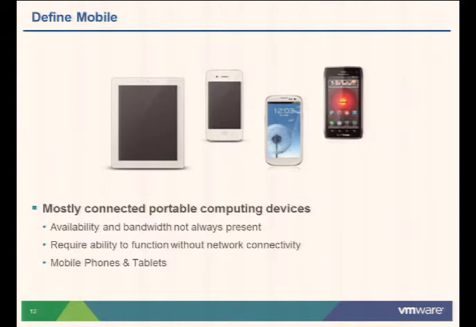So this rules out things like VDI, which require you to be always connected. We focus on applications which run locally on the device. That means we're looking at mobile phones and tablets, and the two major operating systems in use today, Android and iOS.